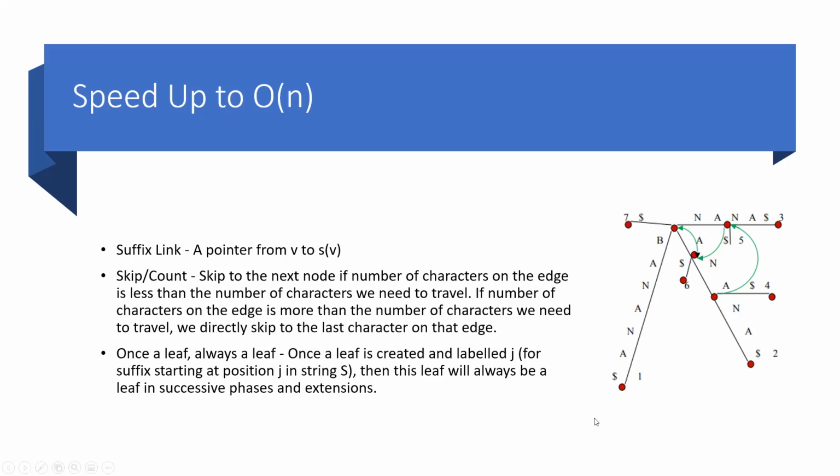So in this image right here, we can see that the suffix tree is for the word banana, and these green arrows are the suffix links.